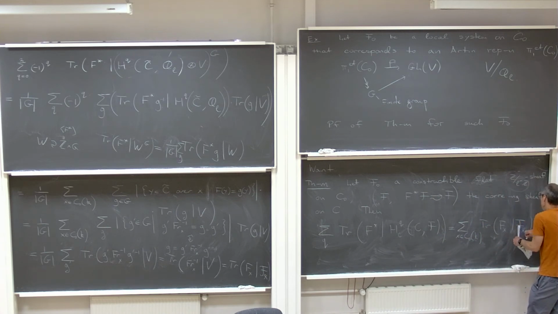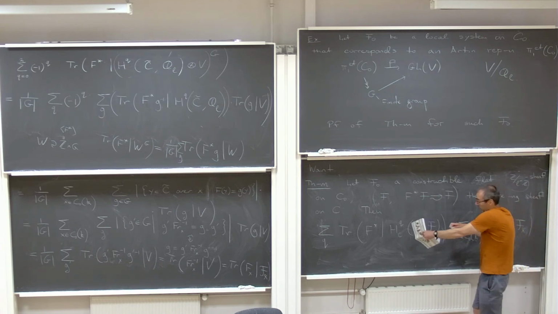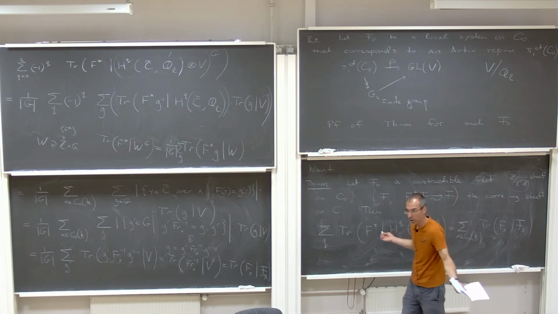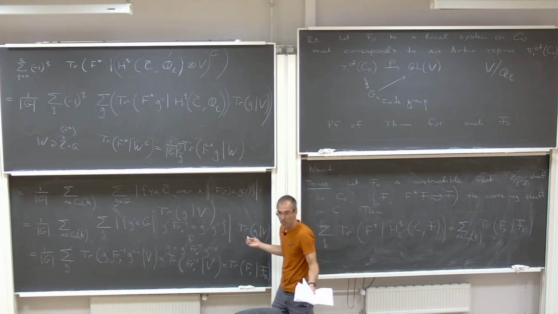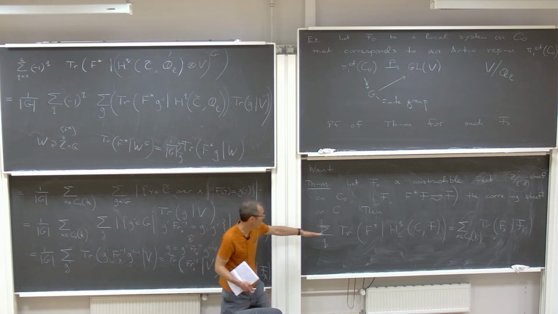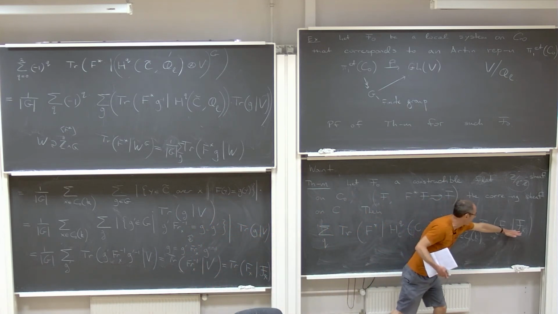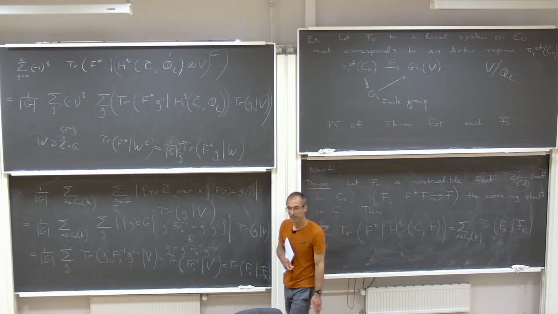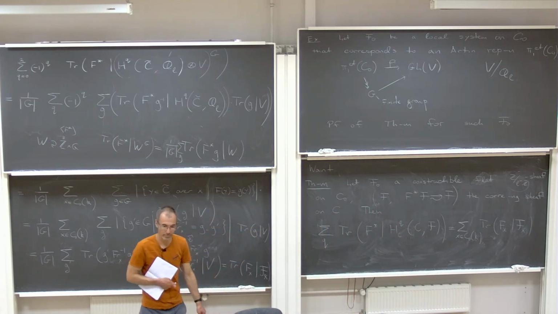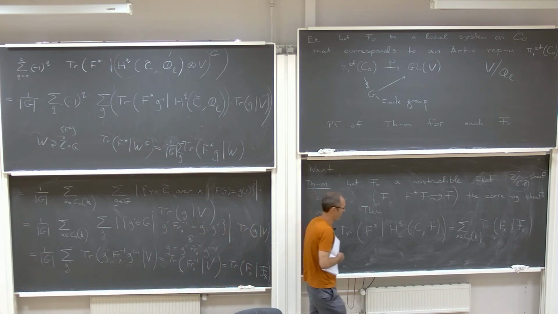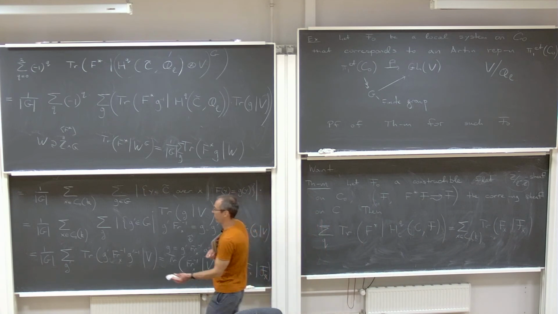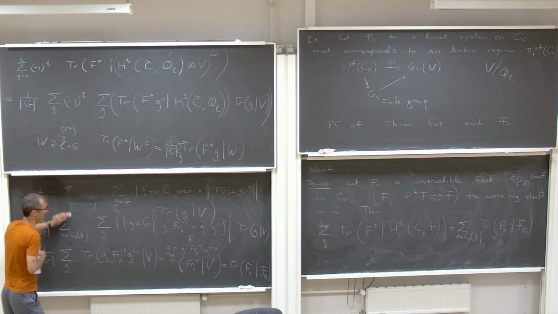But if this is a local system, then what is H2? H2 is some coinvariants of the fundamental group acting on the fiber, right? This coinvariant is the quotient of the fiber modulo something. So even if this is flat, this need not be flat. Okay? So my first goal is to make sense of this formula.